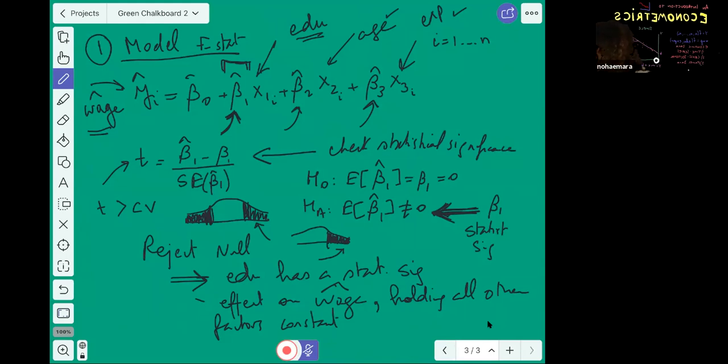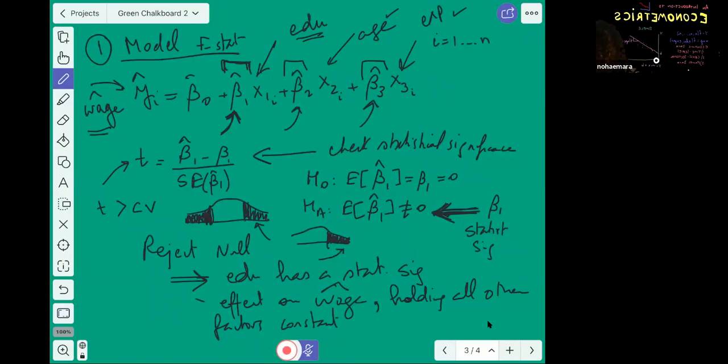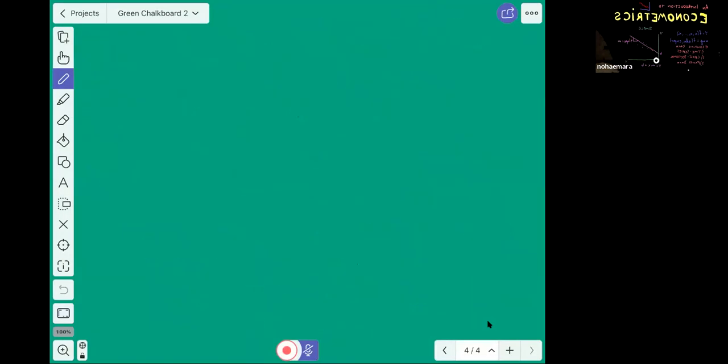Okay, now suppose that I want to analyze the impact of more than one coefficient at once. Again, I'm going to have a clean slide.